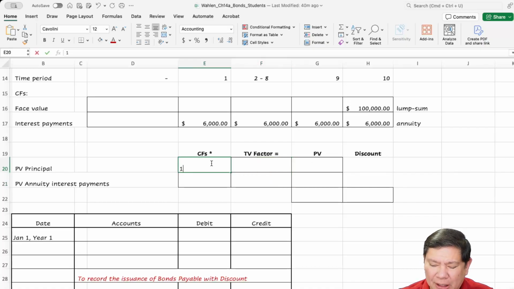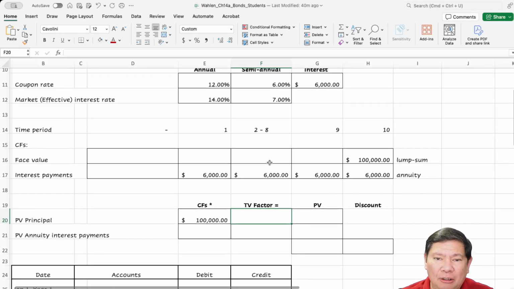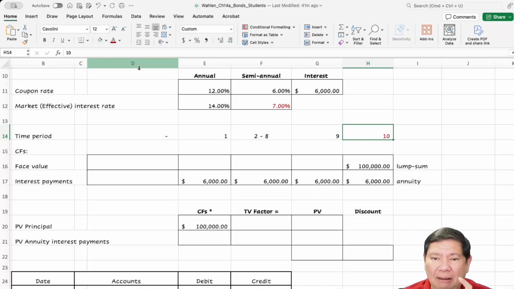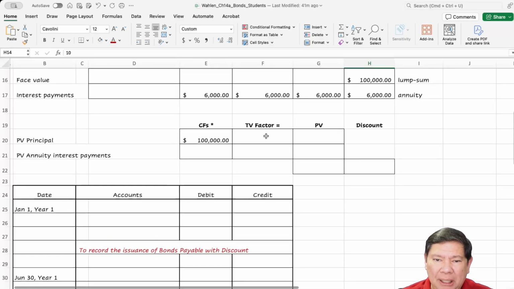Okay, first for the 100,000, we are going to go find the discount factor for 7% interest. Remember, the discount factor is done using the effective interest rate and 10 periods. So 7%, 10 periods.